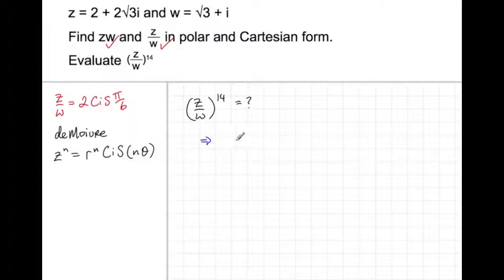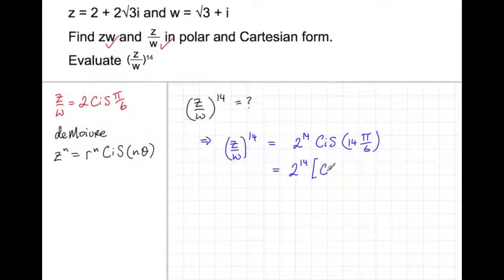It follows from this that z divided by w to the power of 14 is equal to 2 to the power of 14, CIS 14 times pi over 6. So we want to evaluate 2 to the power of 14 times cos, and 14 pi over 6 is 7 pi over 3, plus i sine 7 pi over 3.